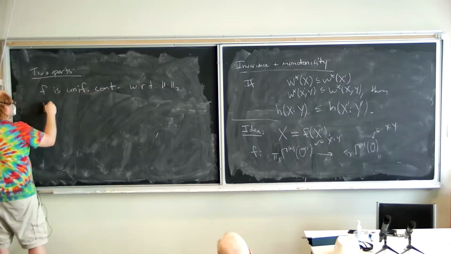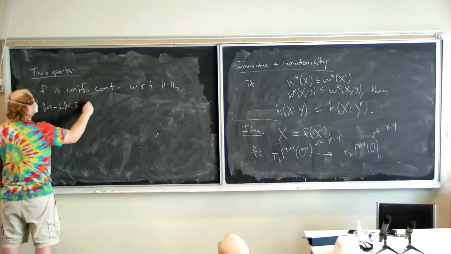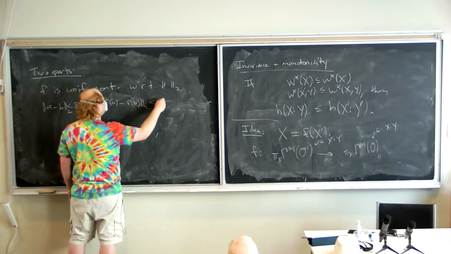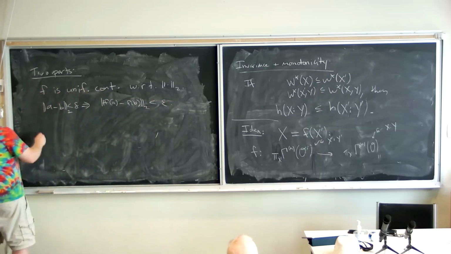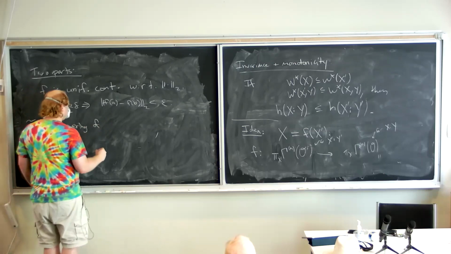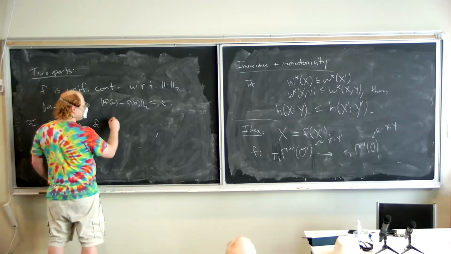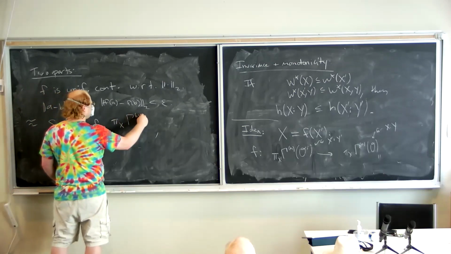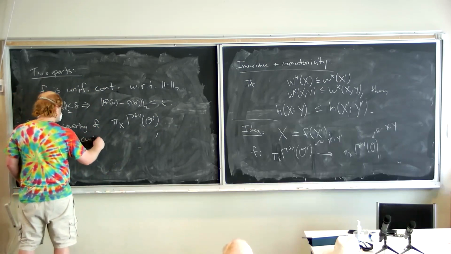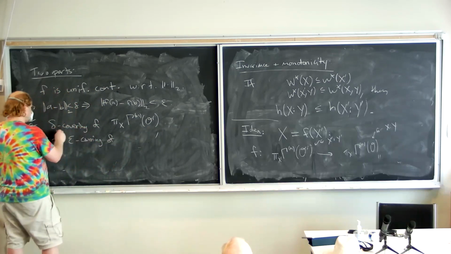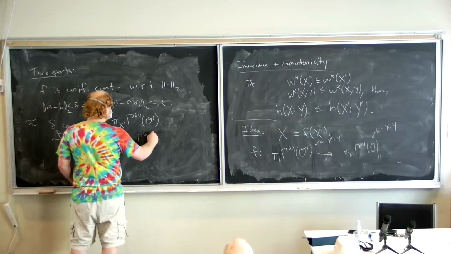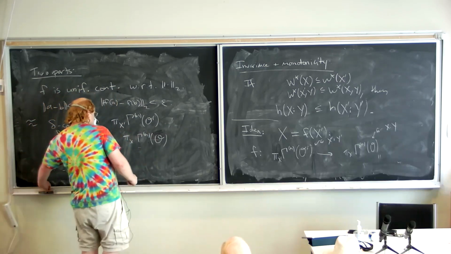And so if you have some statement here like A minus B less than delta in 2 norm implies F of A minus F of B less than epsilon, then this would say that if you have a delta covering of your microstate space for X prime, then by applying the function F, you get an epsilon covering of the microstate space for X. Or sorry, an epsilon covering of the image of this.